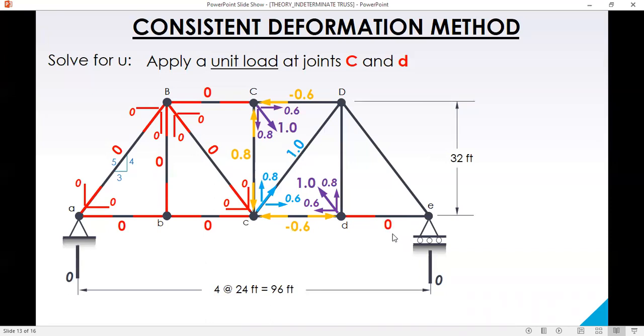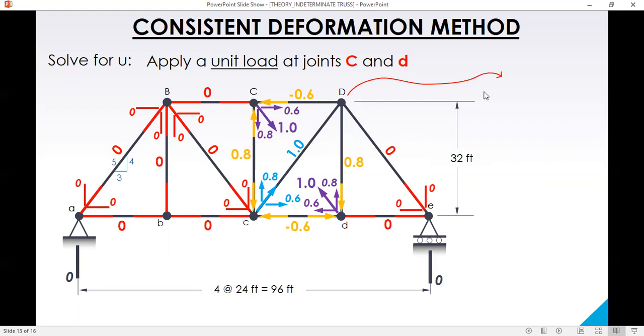And for this one, DD, 0.8 upward, so it will be balanced by this, 0.8 downward. Okay, next, joint E, 0, so the member is 0.